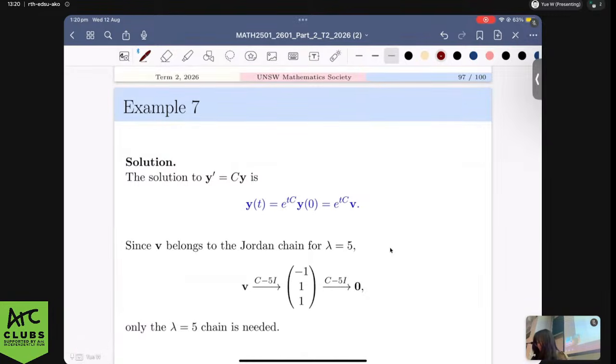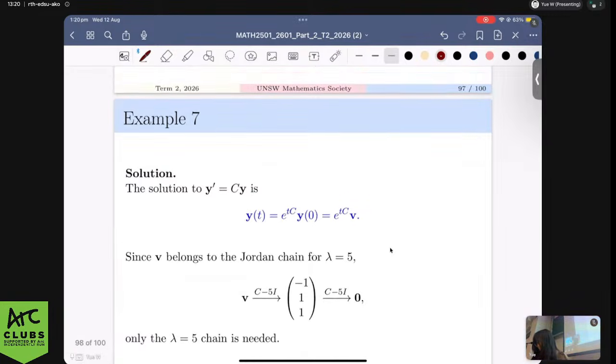For this solution, you can say that y(t) is equal to e to the tC times y(0). That's because if you rearrange dy/dt, it's just an exponential solution. And because you know that y(0) is just equal to your vector v, you can sub that right in as well.